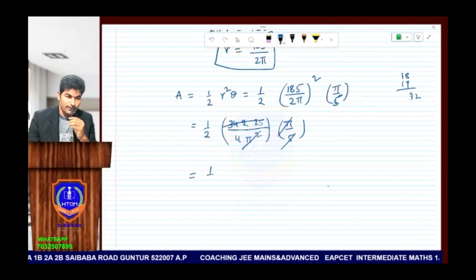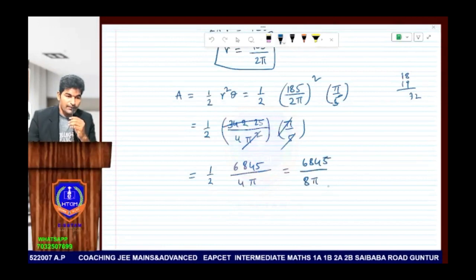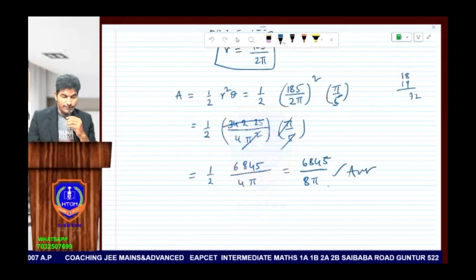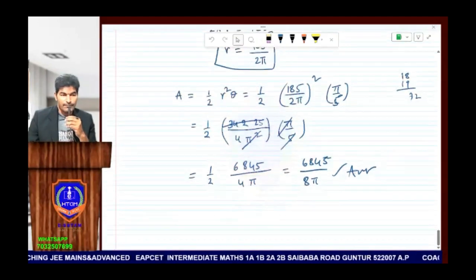How many times was it? 6. 6 5s are 30. 6, 8, 4, 5. And 5 got cancelled, pi is also cancelled, and the denominator has only 8 pi. So this will be 6845 divided by 8 pi. Understood? Is this the same answer? So he did not take pi value as 3.14. That is the problem.